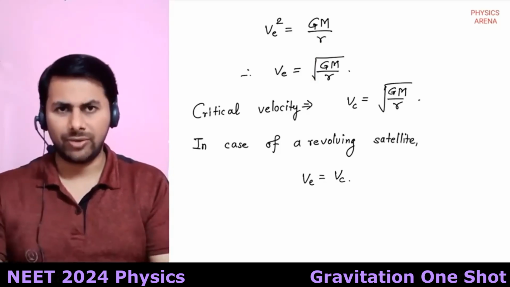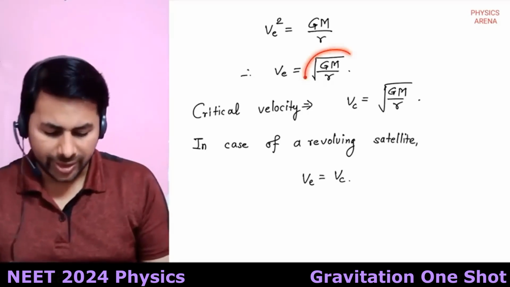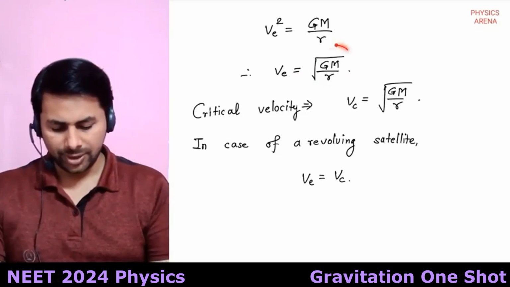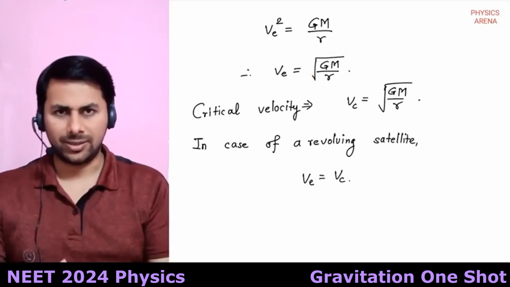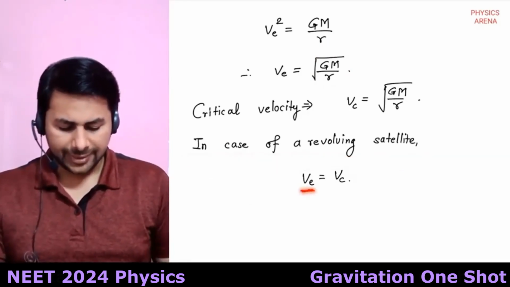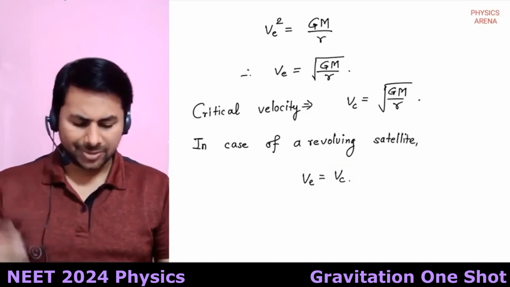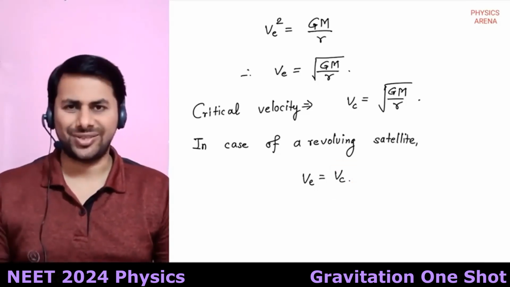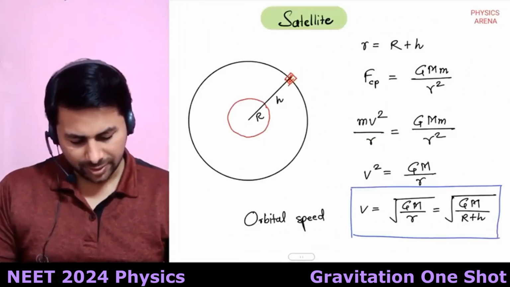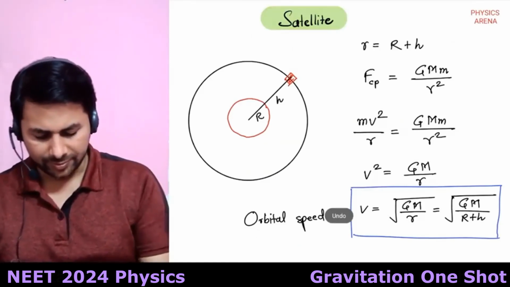How much more velocity do you need to give it so that it will escape? It is square root of GM upon r. So for a revolving satellite, the escape velocity is just equal to its orbital speed, and orbital speed is also known as critical velocity of the satellite.